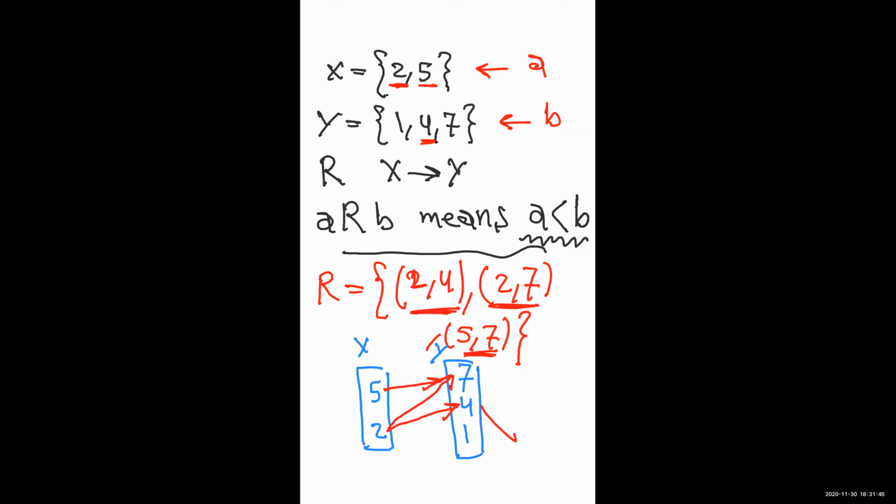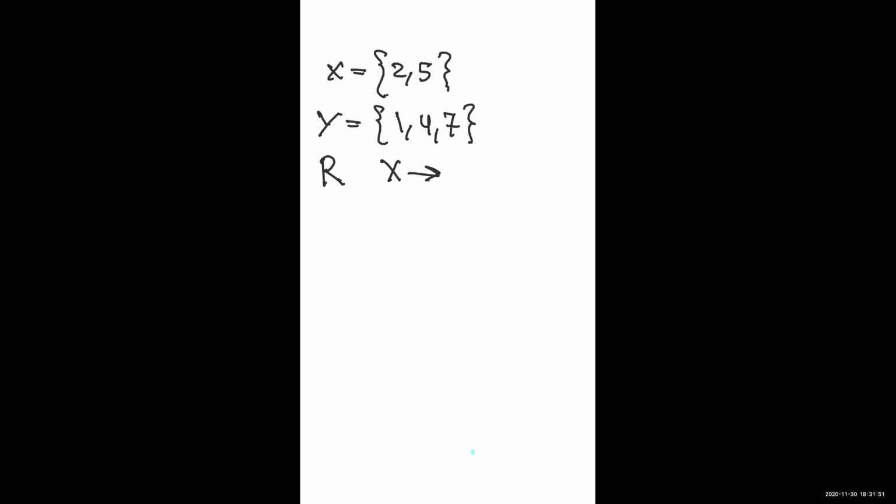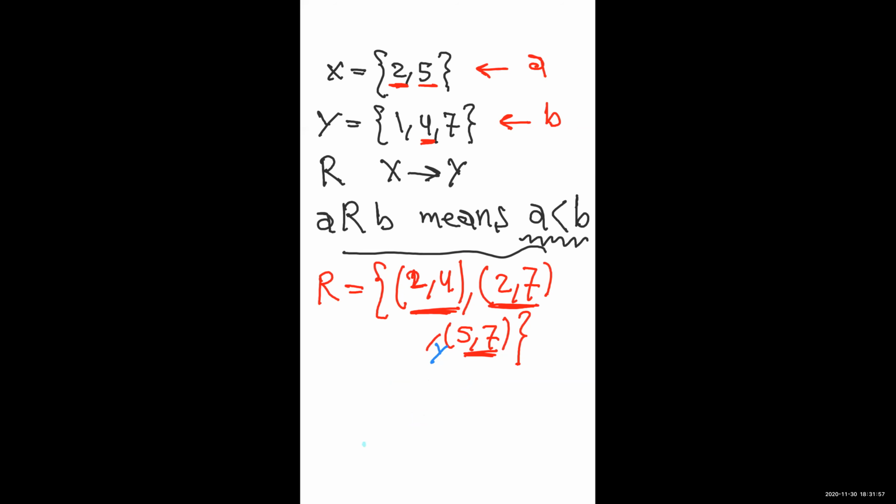Then what about the Cartesian diagram? It will be the same as we studied before. I'm going to draw the Cartesian diagram, which is like this: one rectangle like this one, and one like this one.